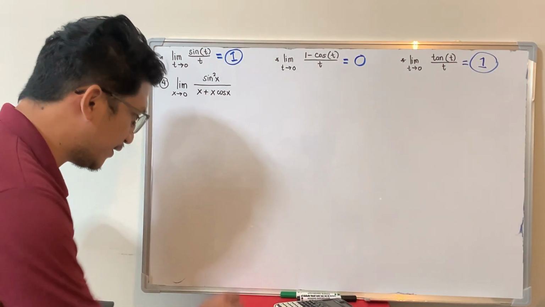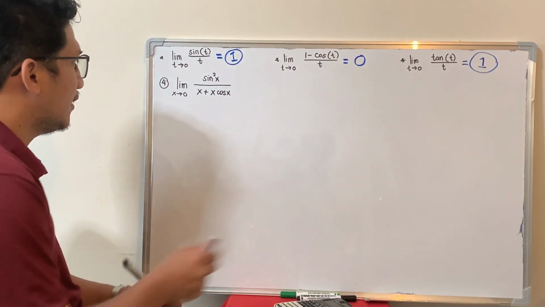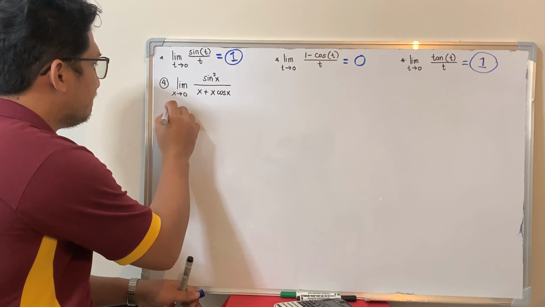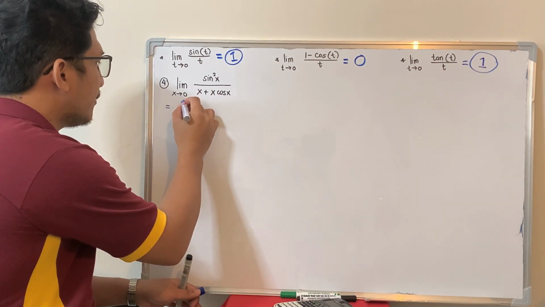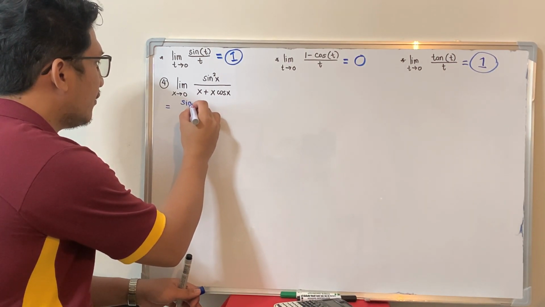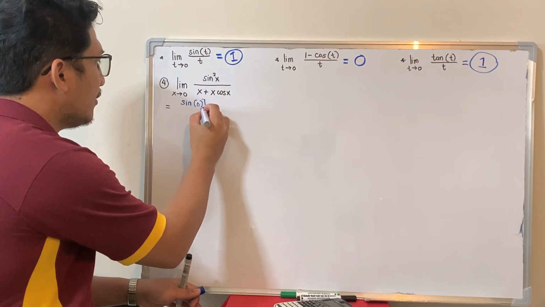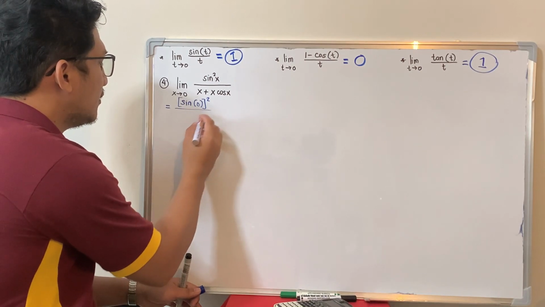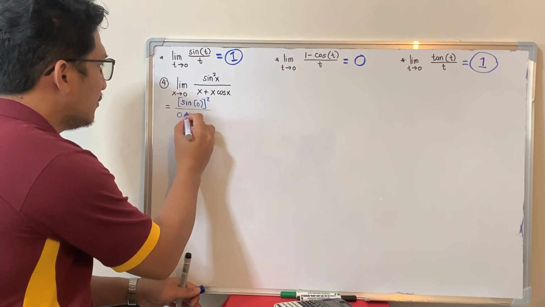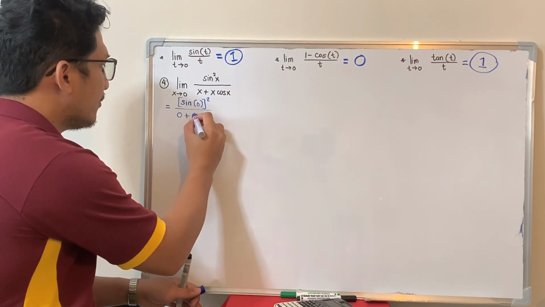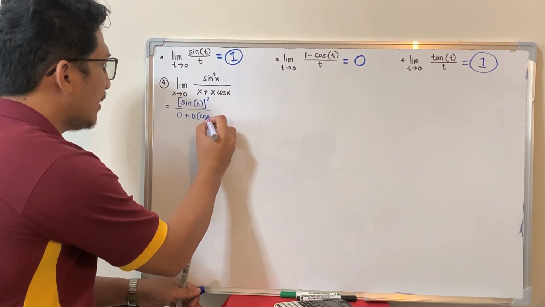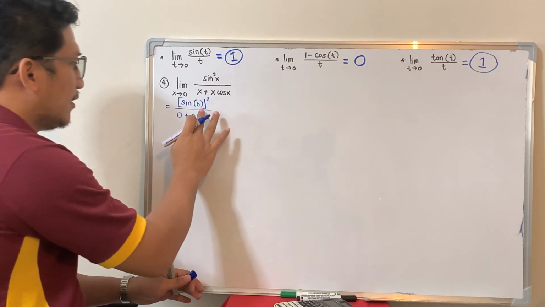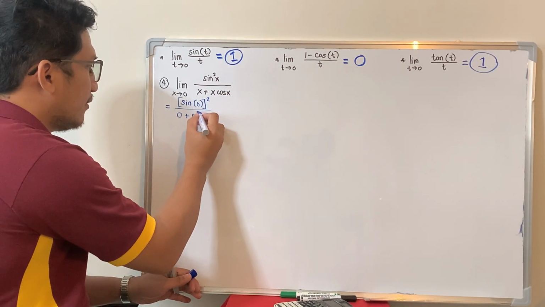So first thing first, substitute. When you substitute the value, this becomes sine squared 0, or sine 0 squared, all over 0 plus 0 times cosine 0.